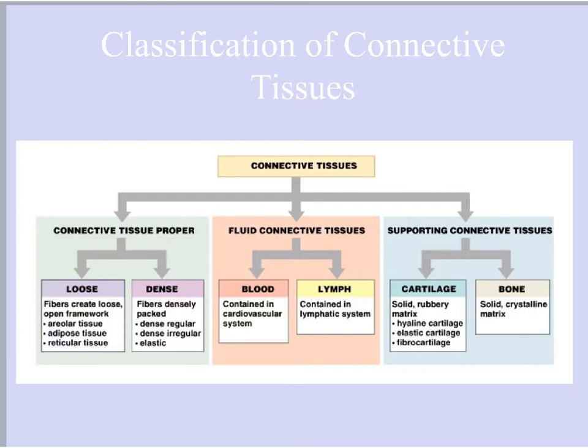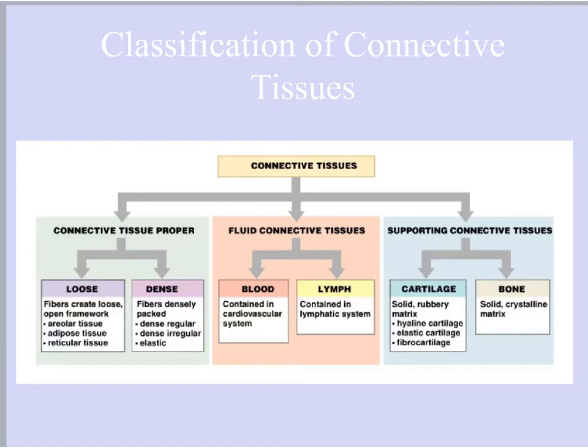So before we move on, let's think about where we left off last time. In the last lecture, we learned about some of the properties of connective tissue, some of the functions of connective tissue, and the components of connective tissue. Remember that there are various types of cells, various types of fibers, and also ground substance.